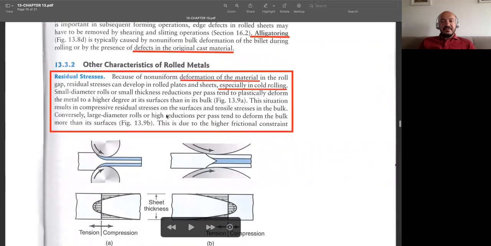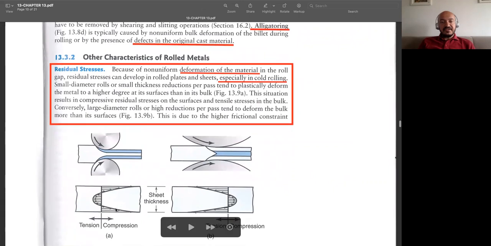Another thing we have in the rolling process is residual stresses. While applying compressive forces, we develop compressive residual stress at the top surface, but we obviously have tensile stresses at the core of the material.